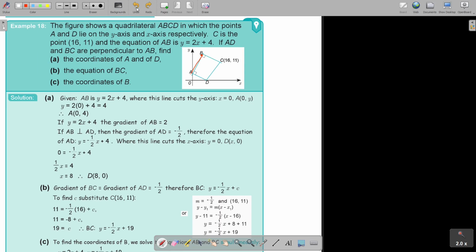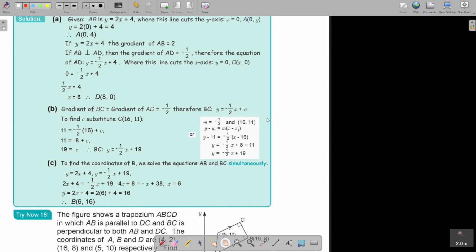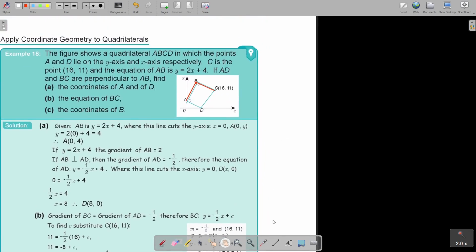Oh, I hate it when a ruler's line is not that good. Okay, so basically, to find the coordinate, we solve the equations AB and BC simultaneously. We just take the two equations that are forming that vertex, and we solve them simultaneously. And that's what I wanted to show you.